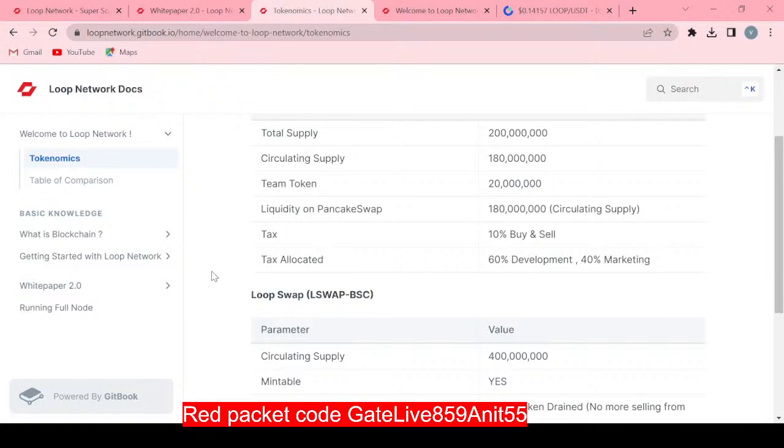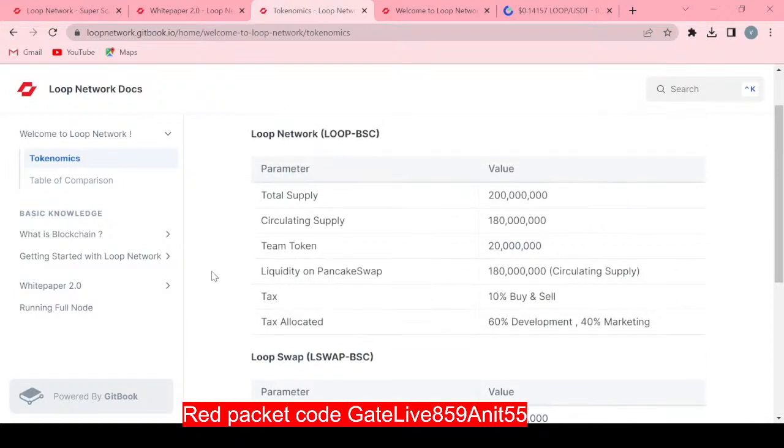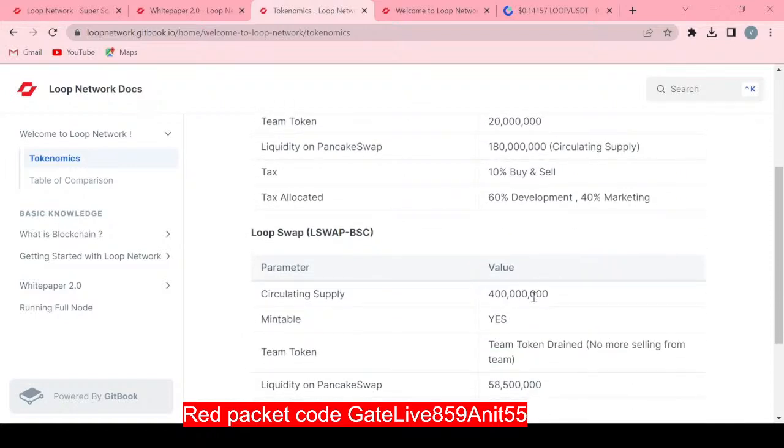Here are the parameters and values of loop network: total supply, circulating supply, the team tokens, and the liquidity on PancakeSwap. The tax for buying and selling is 10%. Wow, that's great to see the tax percentage. The tax allocated for development is 60%, and marketing is 40%.